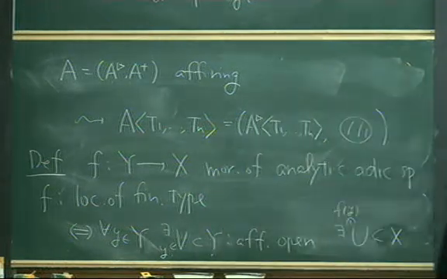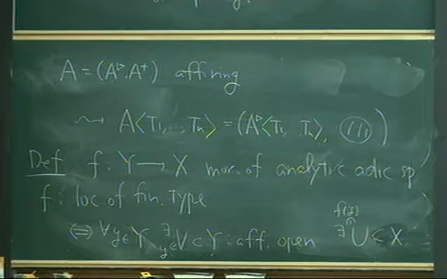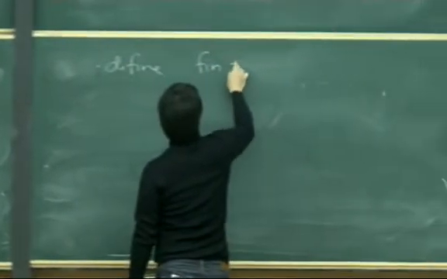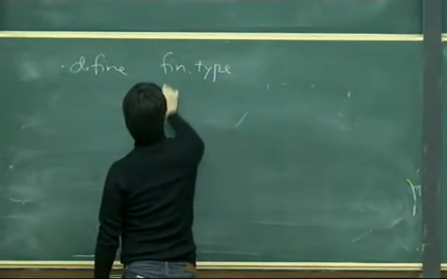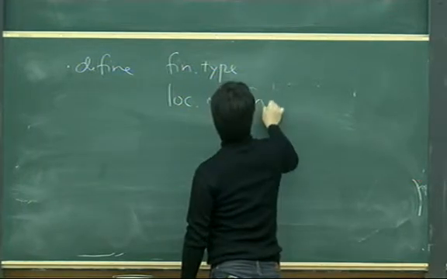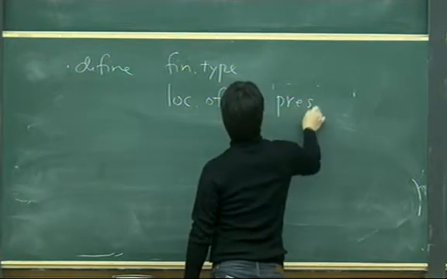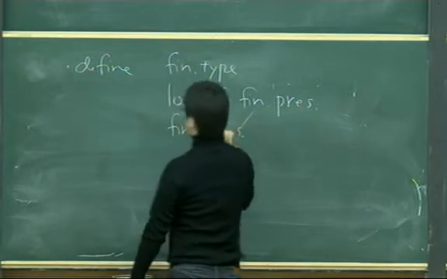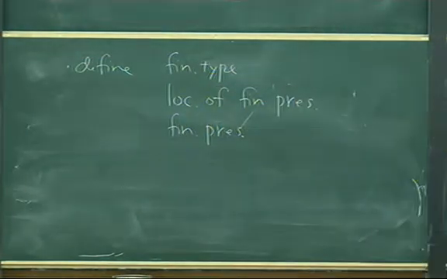And of course finite type means that the space is quasi-compact and locally of finite type. We can define finite type, locally of finite presentation and finite presentation in an obvious manner.